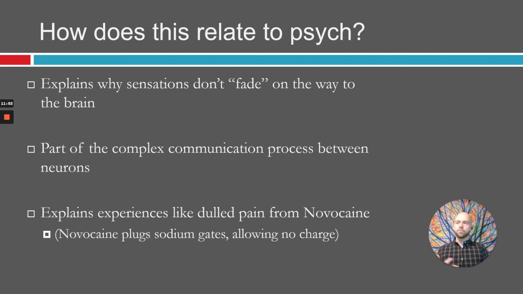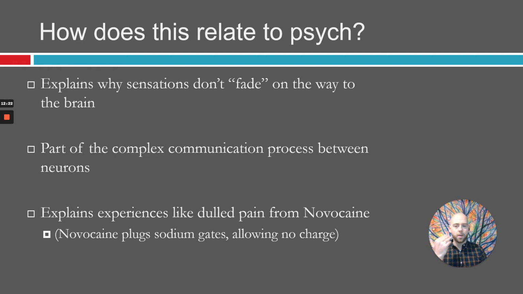And another maybe more concrete example that might be helpful is there are certain chemicals, certain drugs, or medical tools that we can use to manipulate this. So certain painkillers like Novocaine or benzocaine or lidocaine, the reason they work is because when they're injected, they plug up those sodium gates. So they're not allowing a charge.